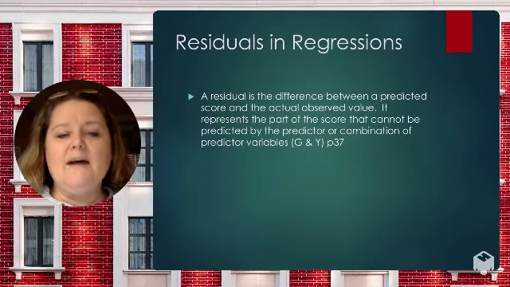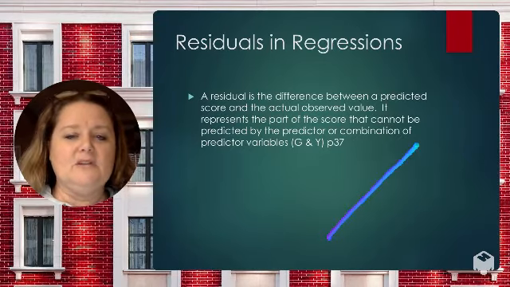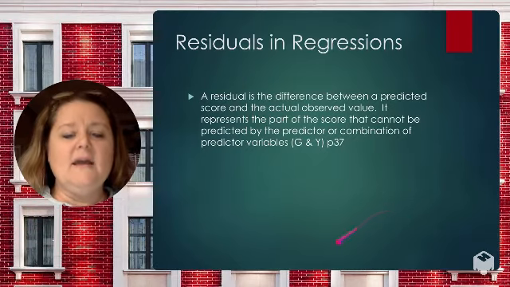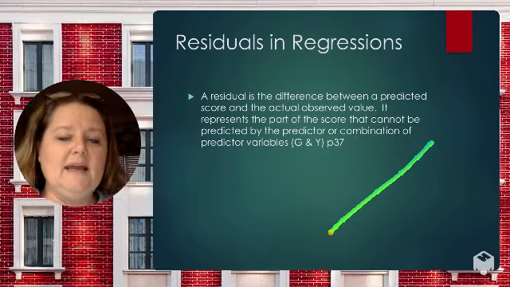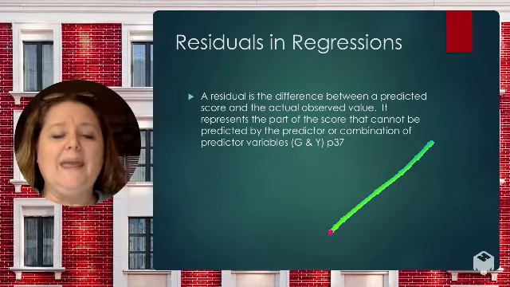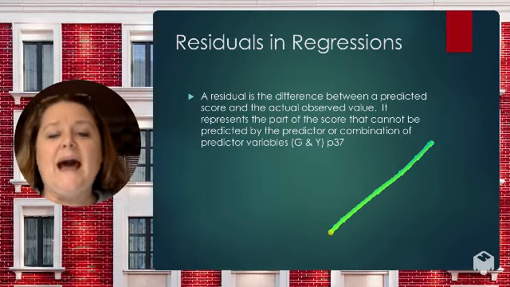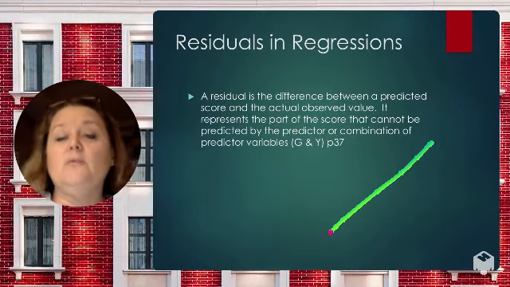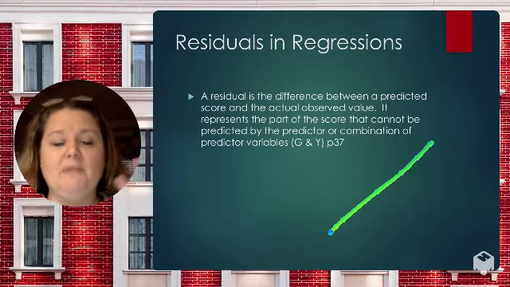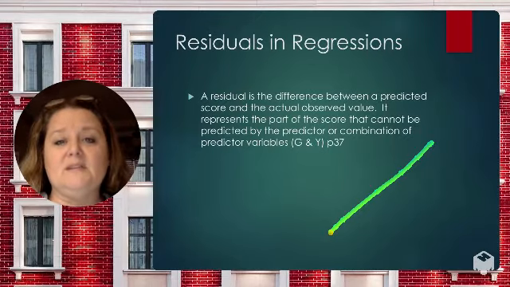So you remember you have your regression line that looks like this. Then you have all your dots that go around your regression line. The residual would be the distance between the line and each dot. So each dot, each point of data, each individual person would have not only their X value and their Y value of what they got, but they would also have a residual value.